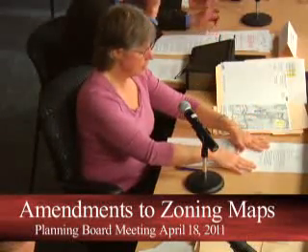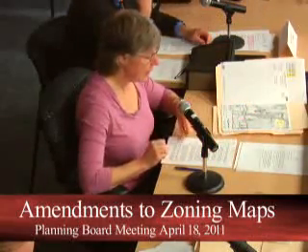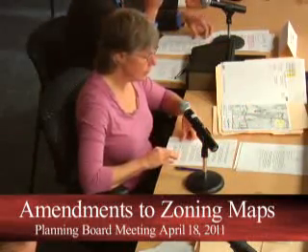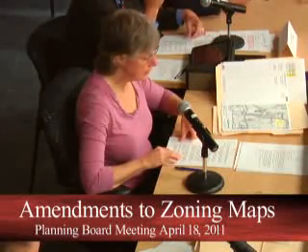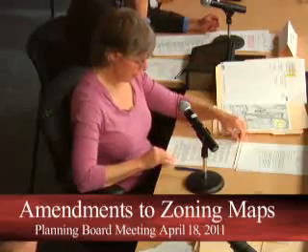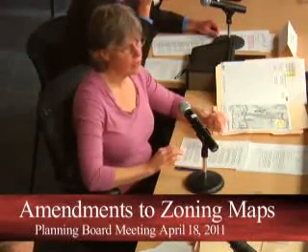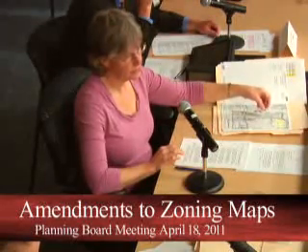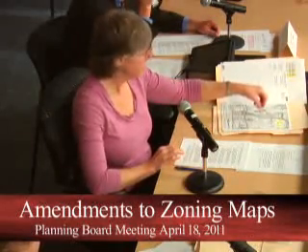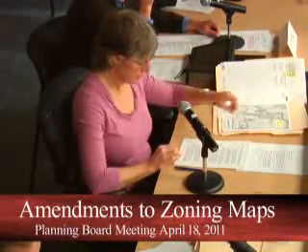I guess we'll take the one that's owned by the state first, and that is PIN 0609248868. That property is a tract that's over 100 acres. And as I said, just the portion that is west of North Fork Road is in the county's jurisdiction and would be zoned.